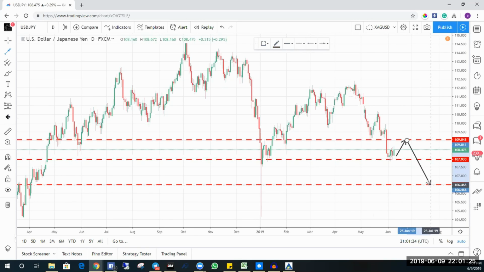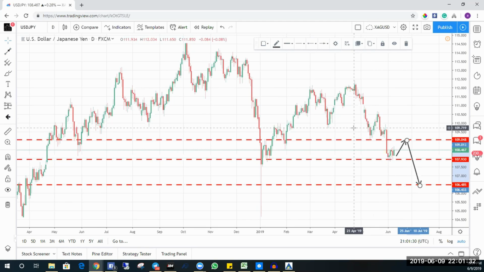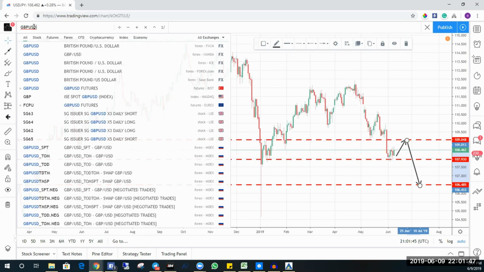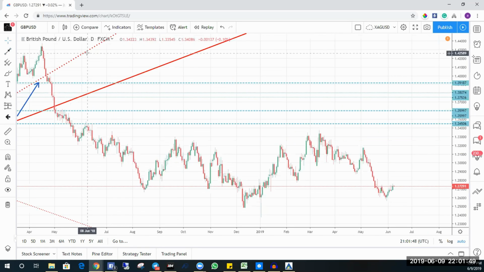We may get to this level, we may not, could be wrong, but this is our own view of what we expect for the USD/JPY. I still have one more pair to look at, the British pound. That's GBP/USD. We're definitely looking at going short on this particular pair.